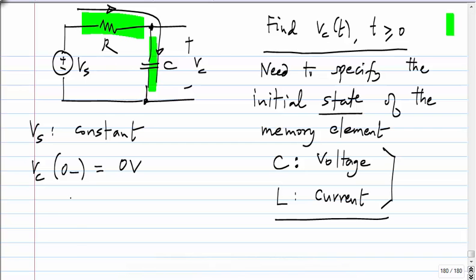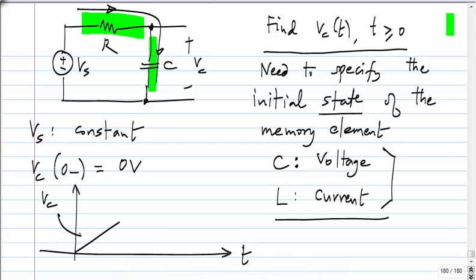So at t equal to 0, if I just draw it, it will start increasing, and what will be the slope of this? The current through the capacitor is Vs by R, and that has to be C times the time derivative of the voltage. So the time derivative of the voltage is the current divided by C, obviously.